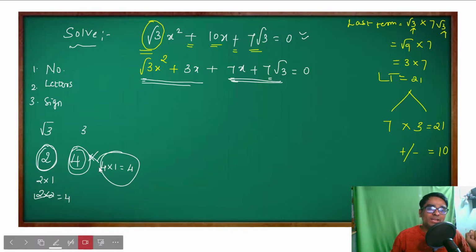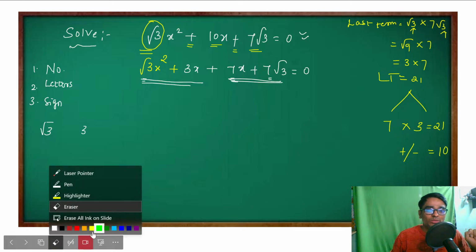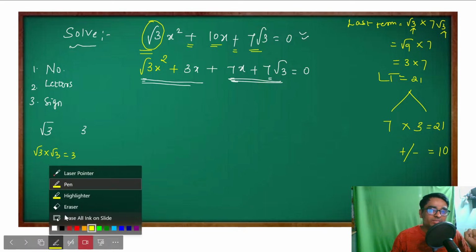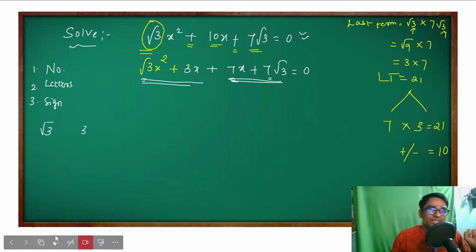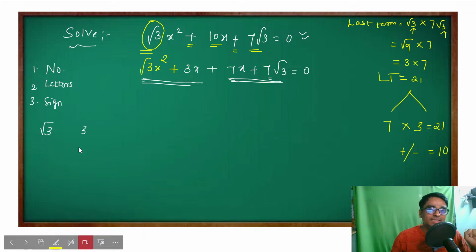Now likewise, the numbers we have here, who will come common? Root 3. Root 3 into root 3 will be 3. Correct. What I mean to say is root 3 is the smaller one here. 3 can be written as root 3 into root 3, and here this is root 3.